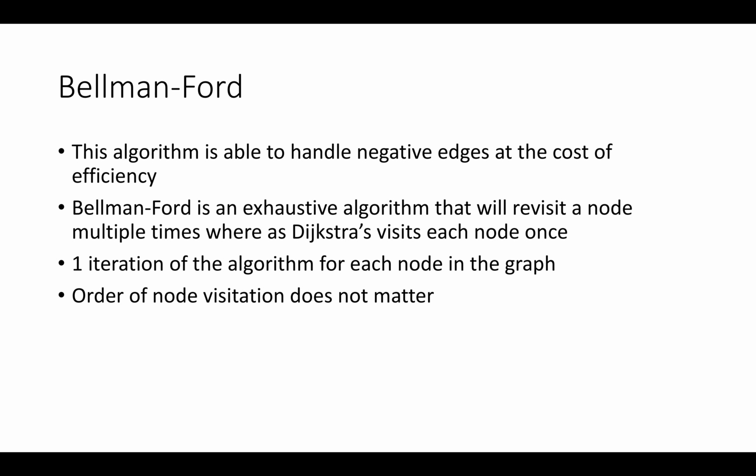Basically, with Bellman Ford, we're going to end up running Dijkstra's at least once for every single node in the graph. So it's going to reiterate over itself multiple times until we have visited every node multiple times, which enumerates all of the possible negative edges to allow us to account for those shorter paths that might be there.